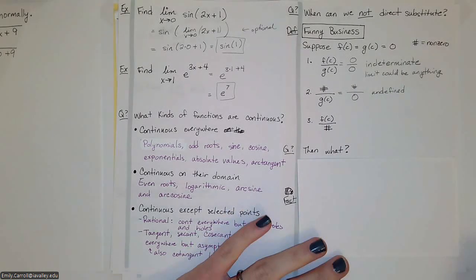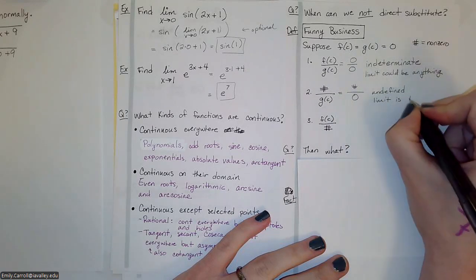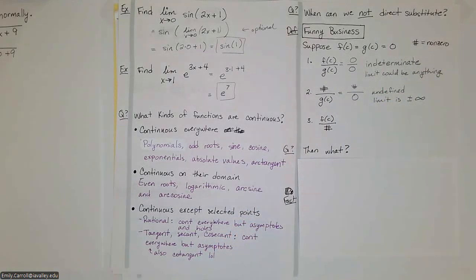When that happens, your limit is actually going to be plus or minus infinity. And we're gonna work with infinity in a little bit. Everything in this lesson is gonna be just focusing on finite numbers. In a future lesson, we are gonna work with infinity.